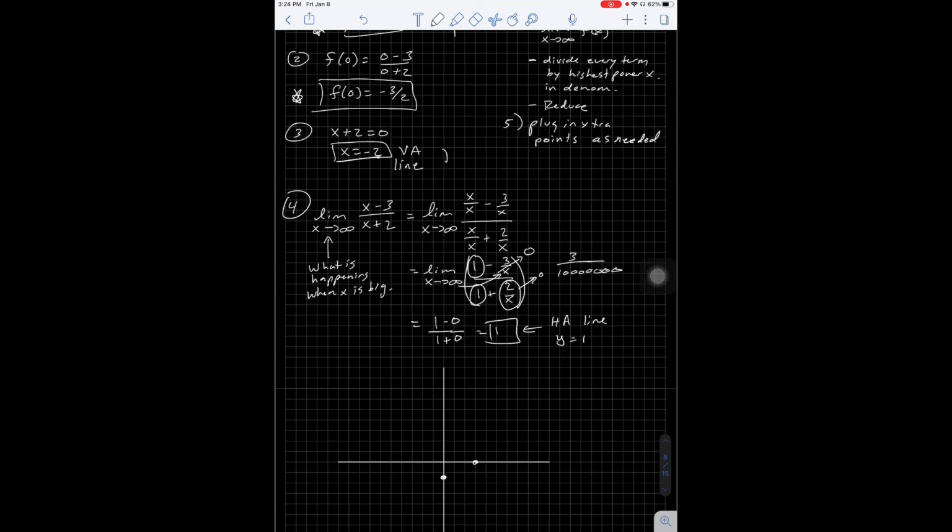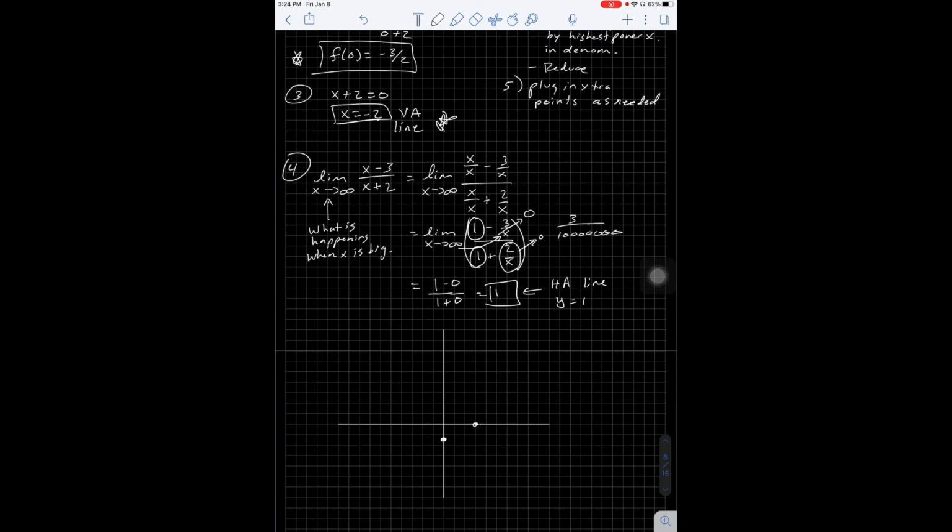My vertical asymptote is a line at x equals -2. Vertical asymptotes are lines that the graph cannot touch. And then the horizontal asymptote right here is a line of y equals 1. What this line is doing is guiding the graph way out here and way back here.